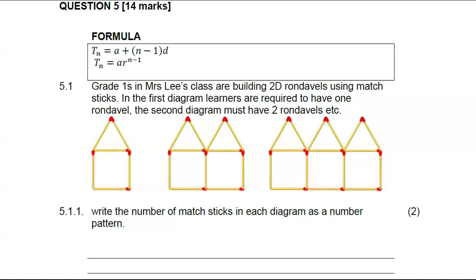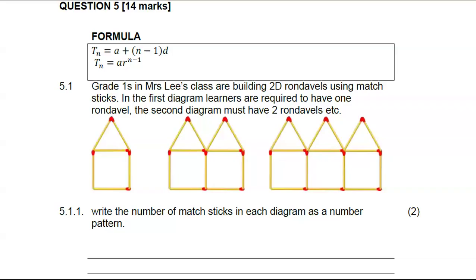Let's count. How many matchsticks does the first rondella have? It has 6 matchsticks, right? How many matchsticks does the second diagram have? 11. It has 11 matchsticks.